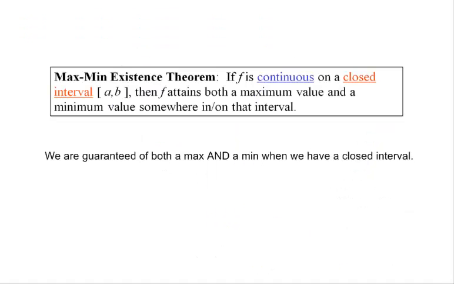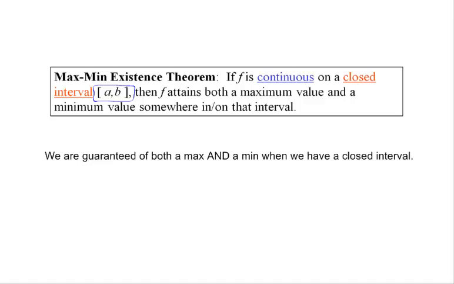The max-min existence theorem is something we've kind of been dancing around as far as maximums and minimums are concerned, but I will formally give it to you. It's something we intuitively have discovered, but here it is formally. If a function is continuous on a closed interval, both endpoints must be included in the interval, then we are guaranteed by this theorem that f attains both a maximum value and a minimum value somewhere on that interval.